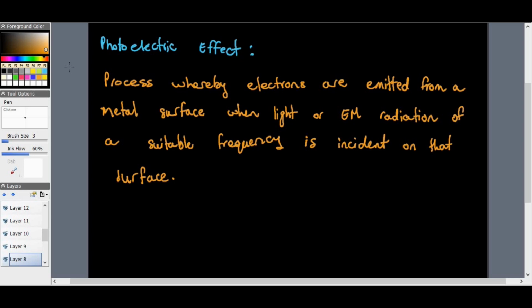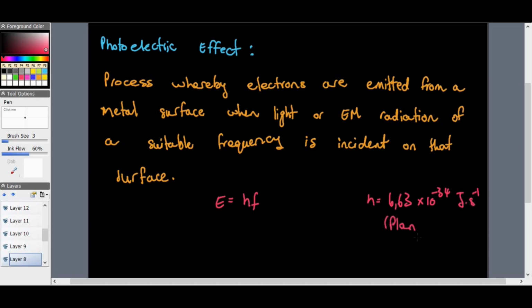This brings in the quantum theory, which illustrates the particle nature of light, and a formula that those of us covering this topic in school will know. E is equal to HF, where H is 6,63 times 10 to the power of negative 34 joules per second, which is known as Planck's constant.